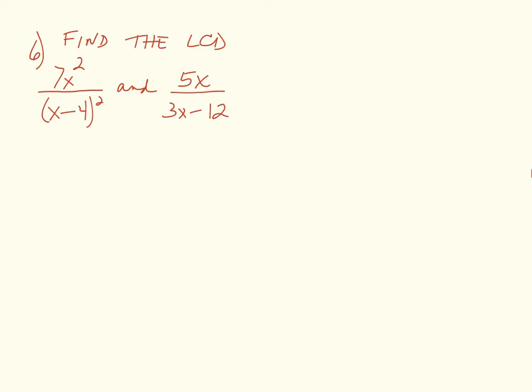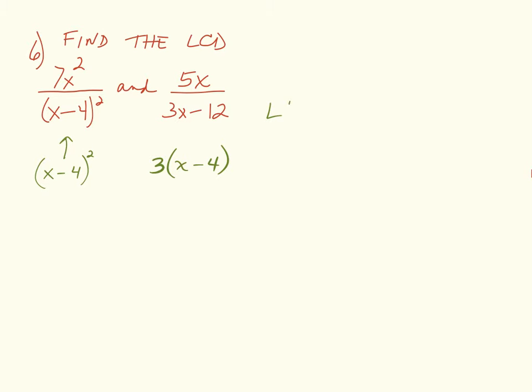Now, we have to factor to find out the LCD. Well, this particular denominator is factored already. X minus 4 squared means x minus 4 times x minus 4. But the other one is not, so let's factor it. We have 3 times x minus 4. So we factored it.